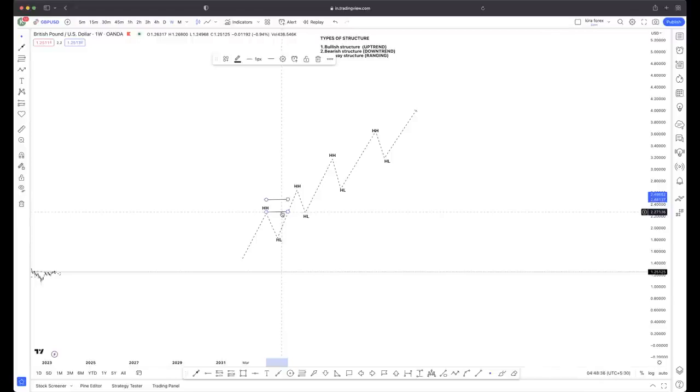In an uptrend structure, we need a higher high to break a high to form another higher high. As you can see in the picture, we have this higher high breaking this previous high to form another higher high. That is what is happening in an uptrend market.